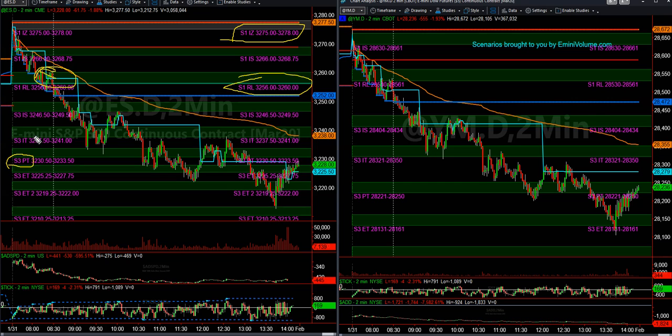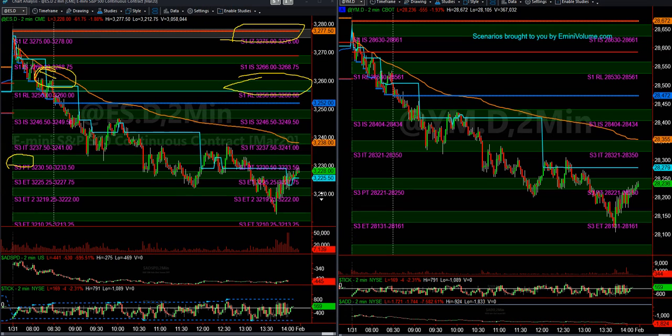So you want to use this as a target, or if you're not short and you want to fade the move, the trend, okay, then this is a trend down, right? What you want to do is fade one of two zones, either the primary target zone or the final target zone. So, just adjust this a little bit.